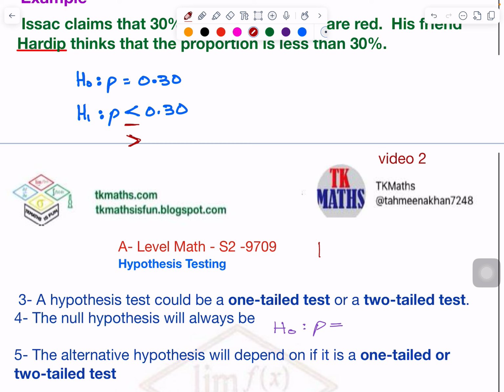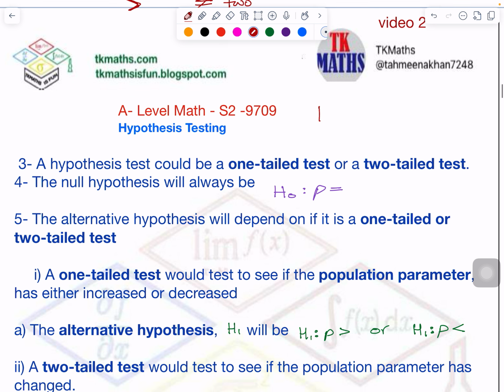Either we are talking about the upper end or the lower end. But if it is a change and I don't know whether it is an increase or decrease, then it is called a two-tail test. So I'm repeating, you have to read the wording of the question very carefully and then decide. Basically the null hypothesis will always be considered as p equals, in case of binomial it is the proportion.